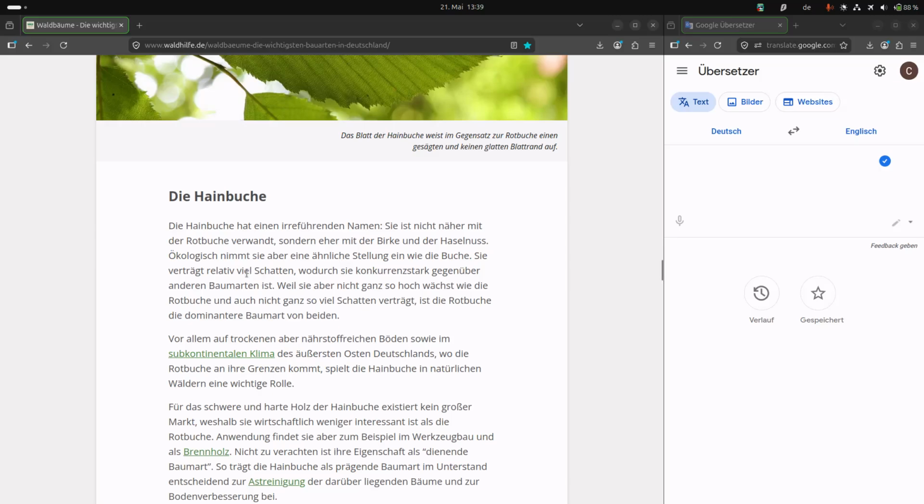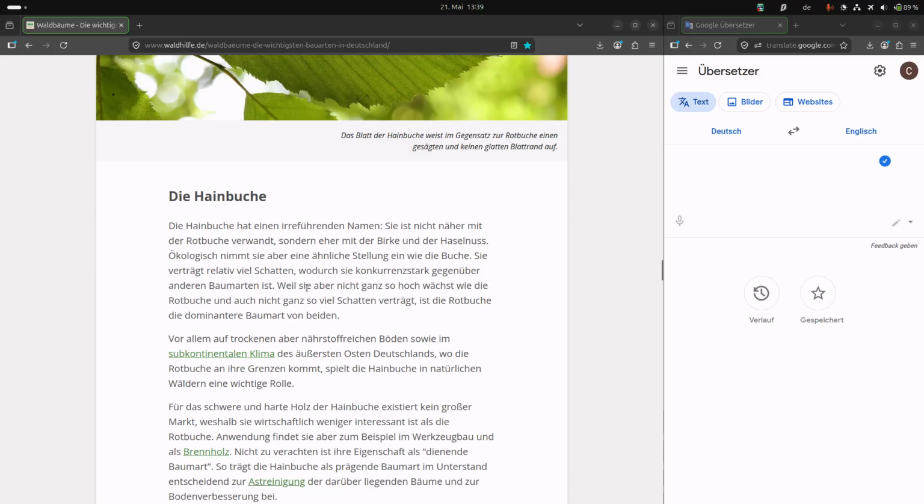So, it tolerates relatively much darkness, or like relatively a lot of darkness, through which it is very highly competitive towards other tree species. Weil sie aber nicht ganz so hoch wächst wie die Rotbuche und auch nicht ganz so viel Schatten verträgt, ist die Rotbuche die dominantere Baumart von beiden.